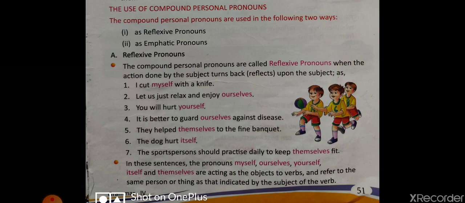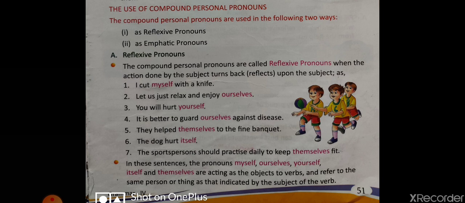For example, I am talking about myself, so I am the subject here and I am talking about my own self. So the subject is I and it is turning back on myself, because we are using myself here. I cut myself with a knife. Let us just relax and enjoy ourselves, right?